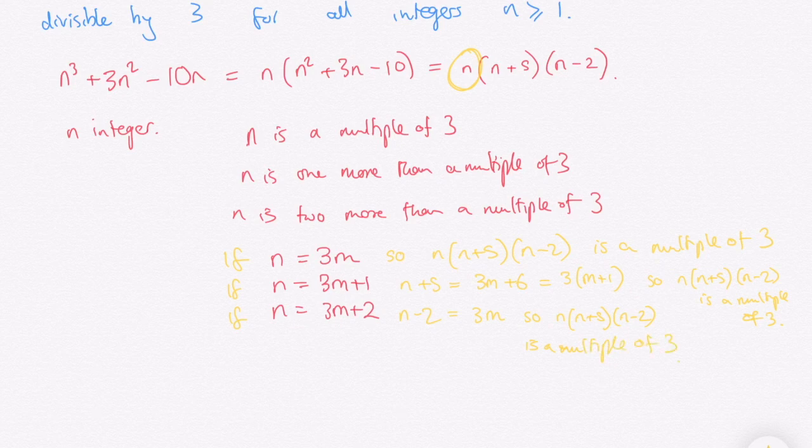So we can show that in each of the 3 possibilities, either n is a multiple of 3, n is 1 more than a multiple of 3, or n is 2 more than a multiple of 3, one of those factors of our expression u_n ends up being a multiple of 3. And we didn't have to use induction there.